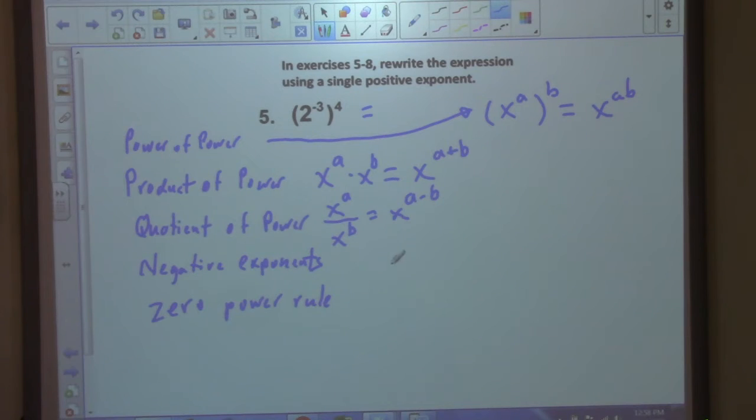The rule of negative exponents is if we have x to the negative a, that's going to be equal to 1 over x to the a power. Or if we have 1 over x to the negative a power, that's going to be equal to x to the a power.